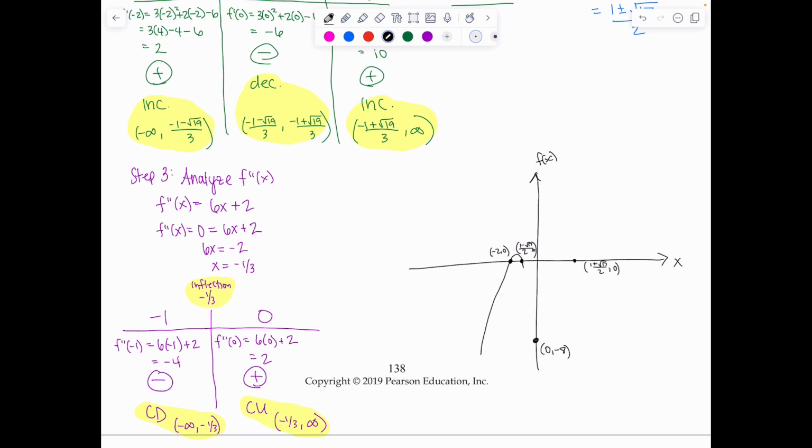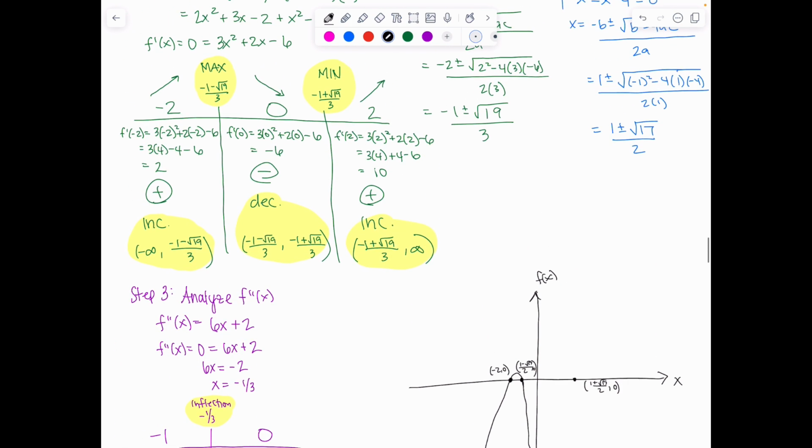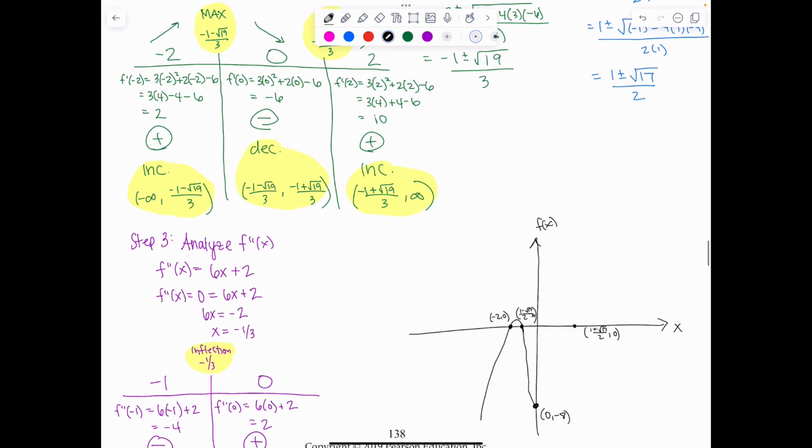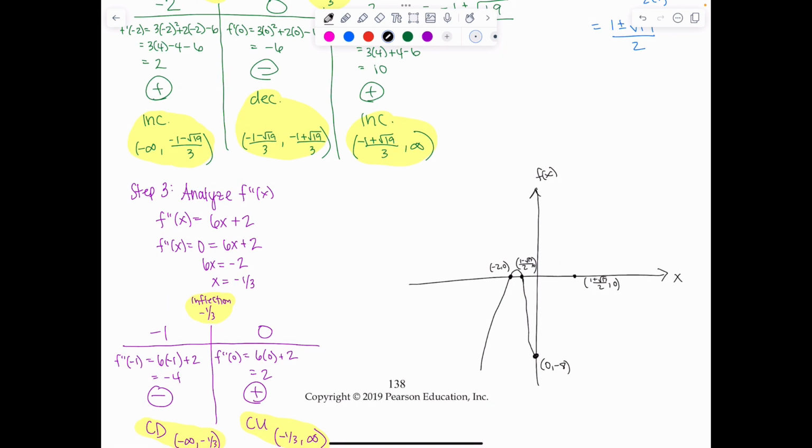And it says after that inflection point at -1/3, we go from concave down to concave up. So it's going to go to concave up, hit that point. We have our minimum at -1 plus root 19 over 3, which is in between 0 and 2. So it's going to hit our minimum, and then it's going to come right back up.